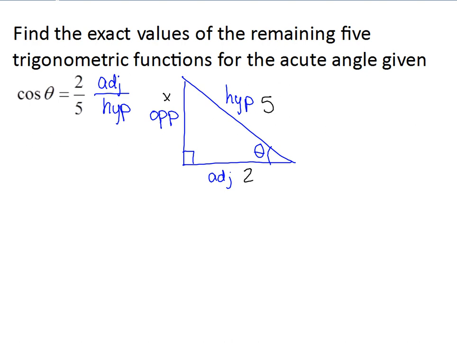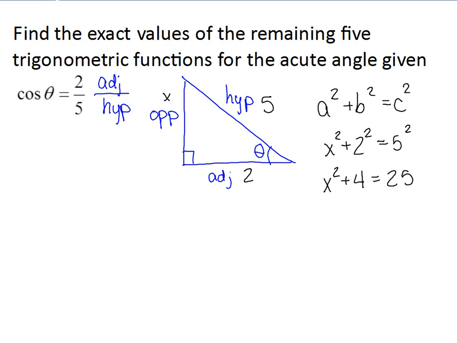If you know 2 sides of a right triangle, you use the Pythagorean theorem to find that third side. Remember, the C is the side that's across from the 90. So we know that third side is going to be the square root of 21.